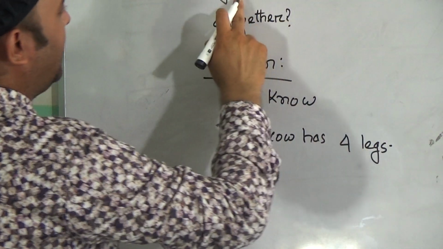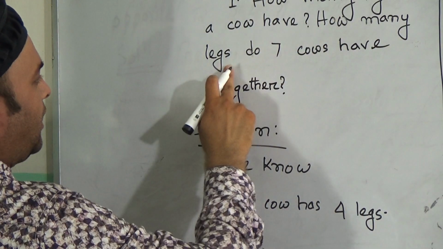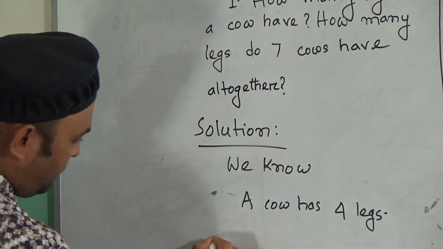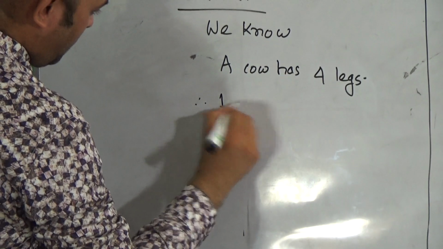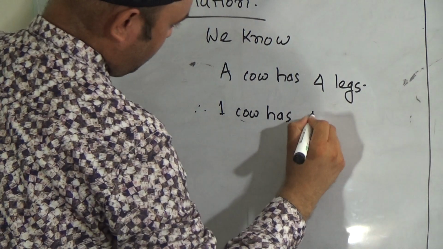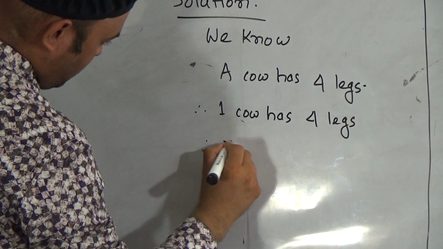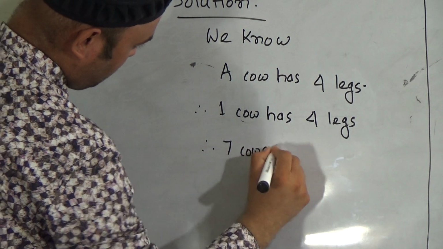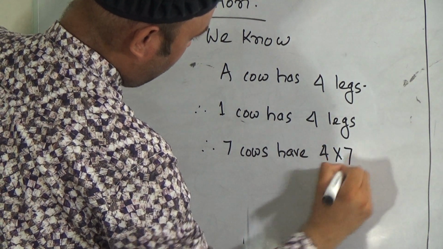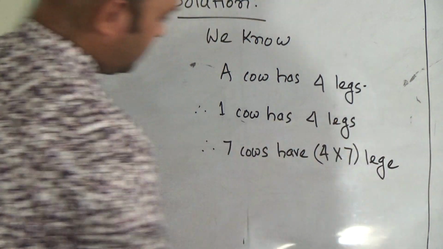Then how many legs do 7 cows have altogether? Therefore, one cow has 4 legs. Then 7 cows have 4 multiplied by 7 legs.